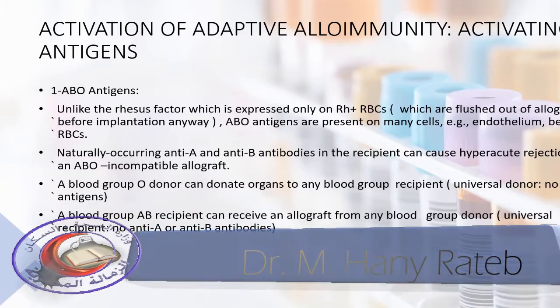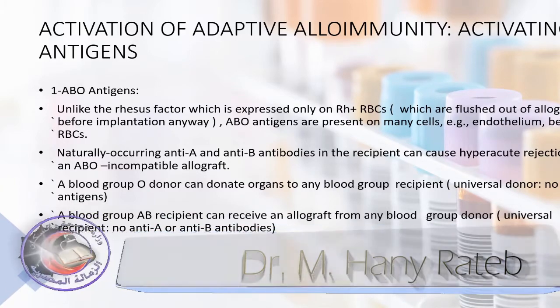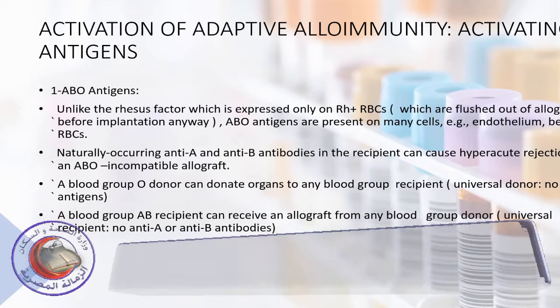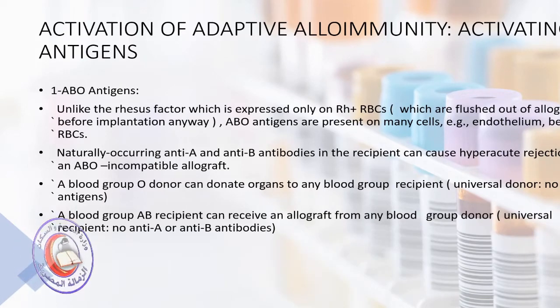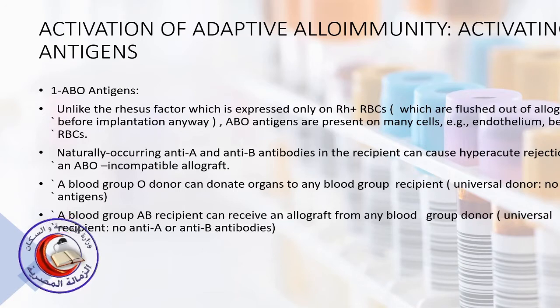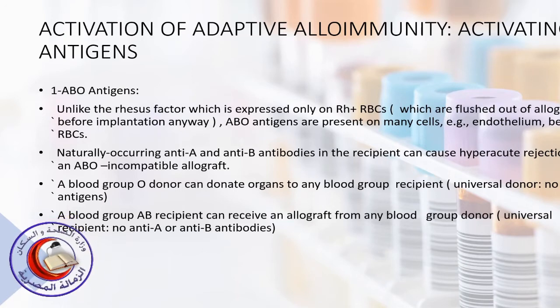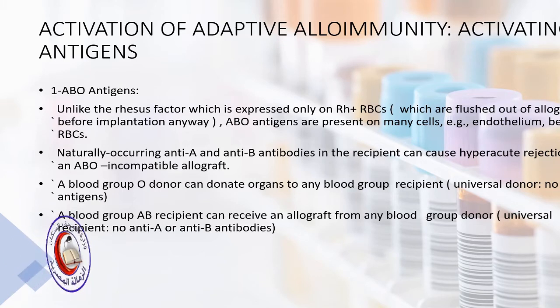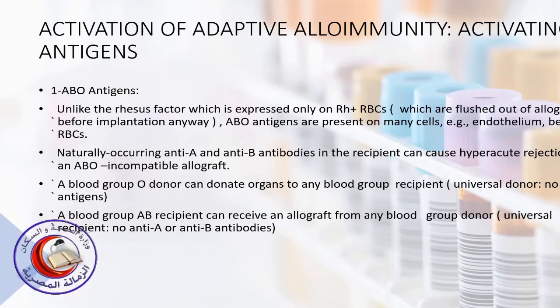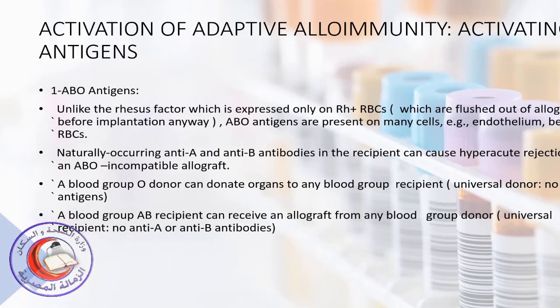The ABO antigens, on the other hand, are present not only on red blood cells, but are expressed on many other types of cells, such as vascular endothelium. We said there is a blood group A, a blood group B, a blood group AB, and a blood group O. There are naturally occurring antibodies to these antigens.